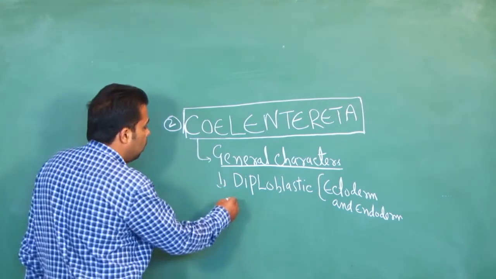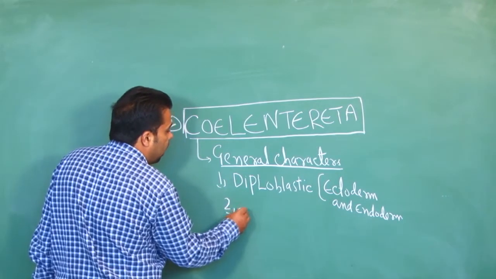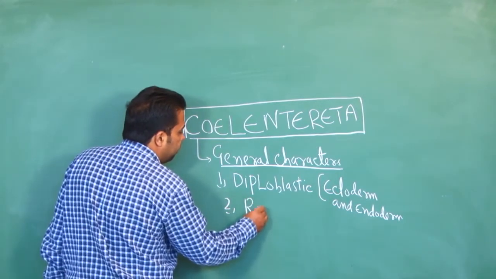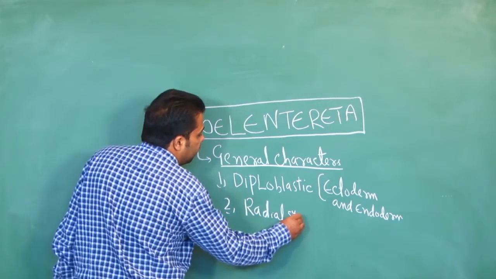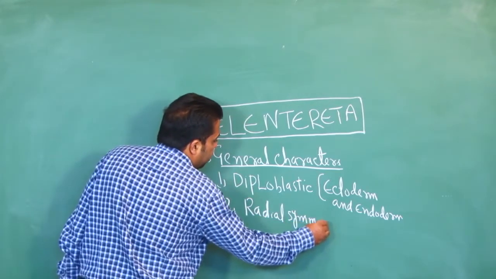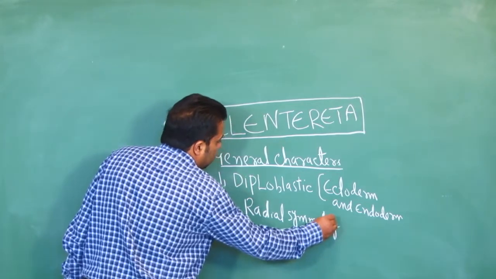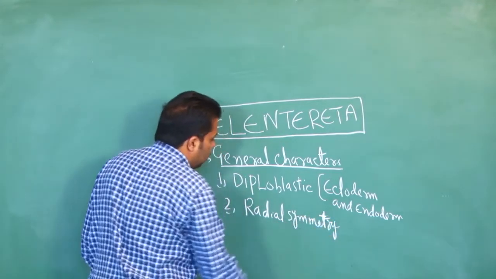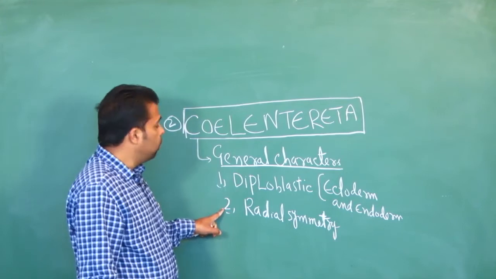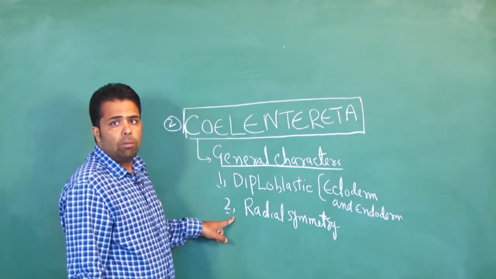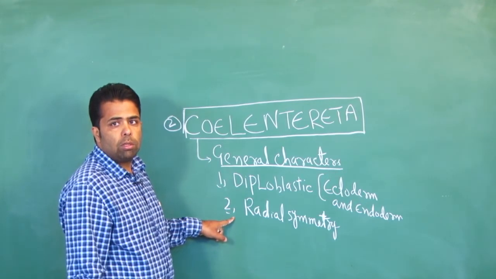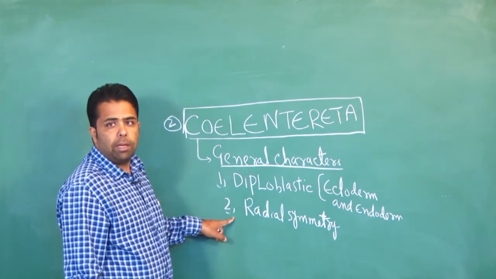Number 2, they are having radial symmetry. They are radially symmetrical. What is radial symmetry? When we cut an organism into two equal halves by more than one plane.